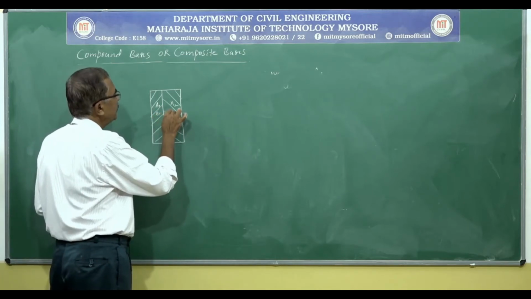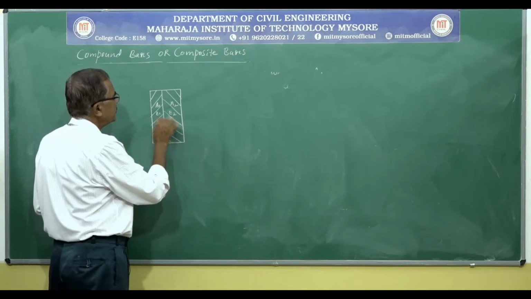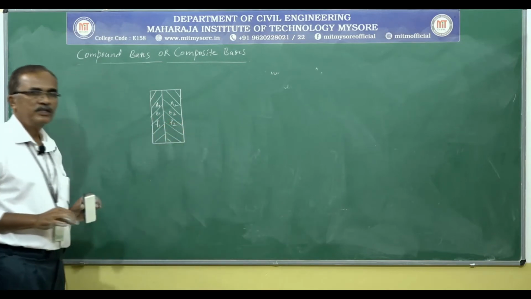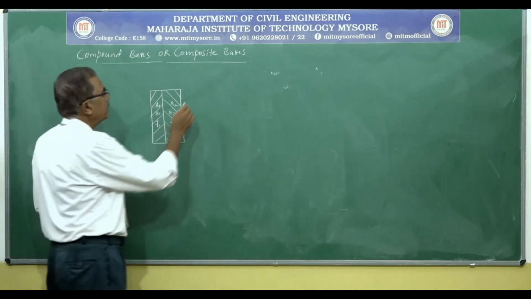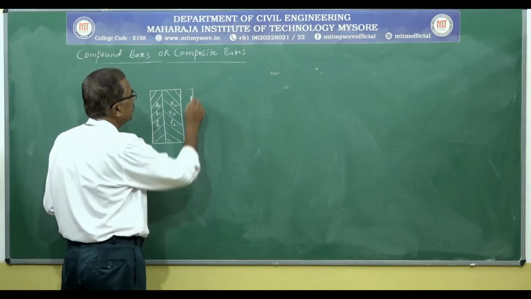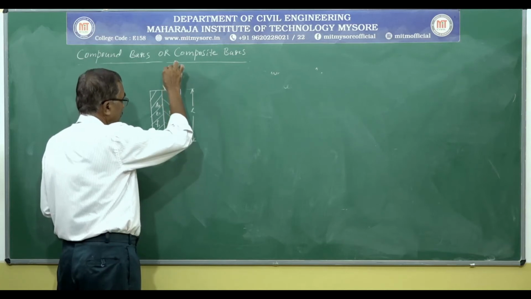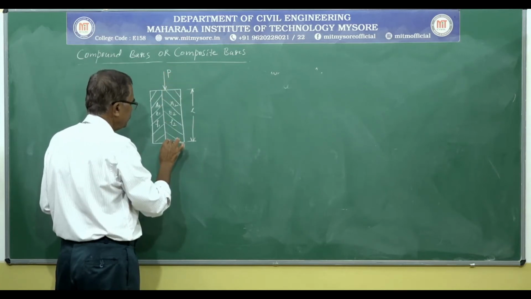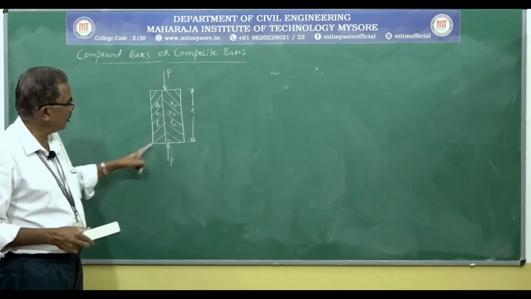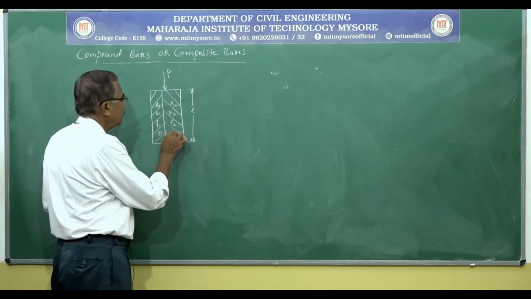E1 is the Young's modulus of the first material, E2 is the Young's modulus of the second material. F1 is the stress induced in the first material, F2 is the stress induced in the second material. Then L is the original length of the bar. Let this bar be subjected to a compressive load. This is considered a composite bar or compound bar made up of two materials, material 1 and material 2.